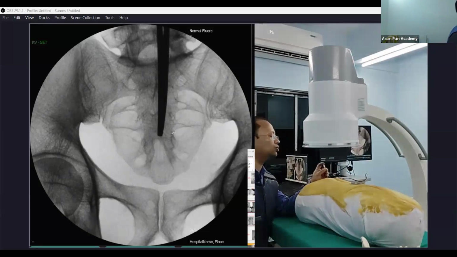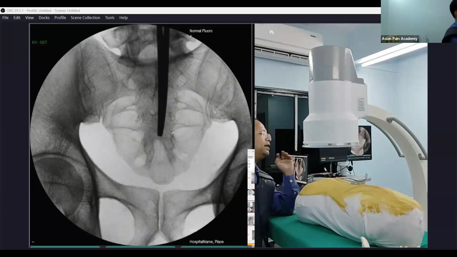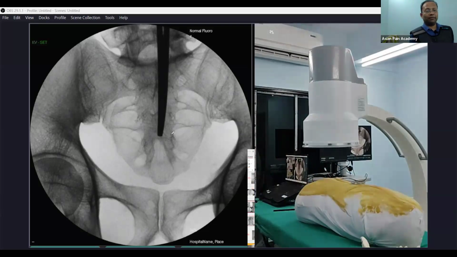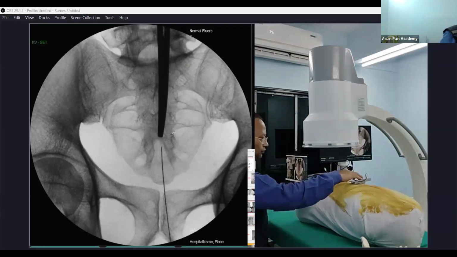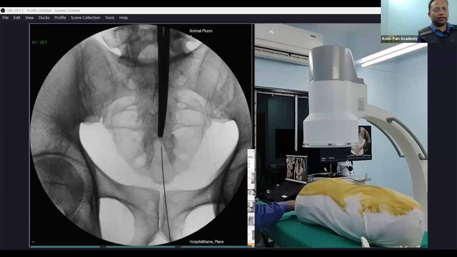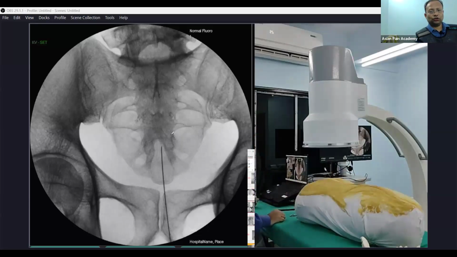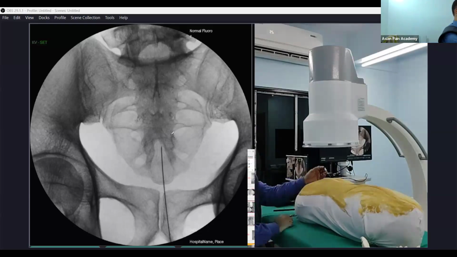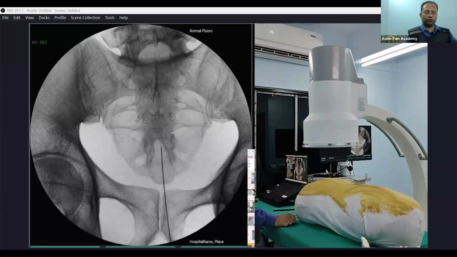From here I will puncture the skin, and I will maintain a direction completely in the midline. So my needle should be going completely in the midline. Let's see if it is going in the midline or not.